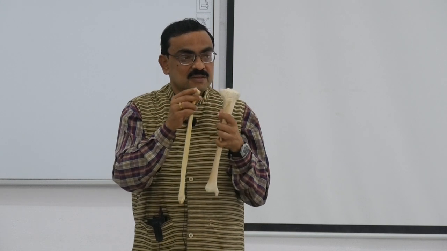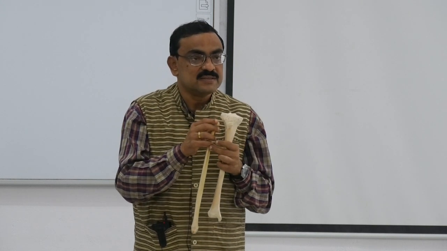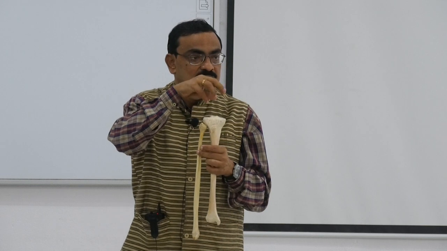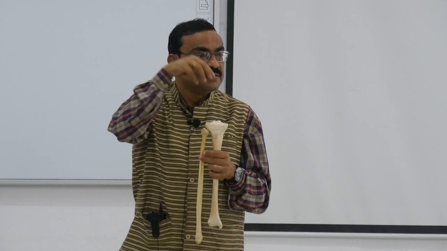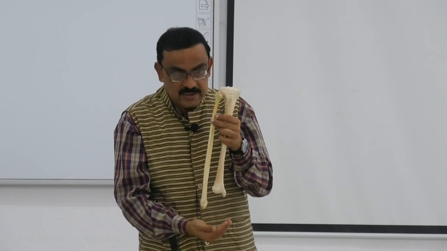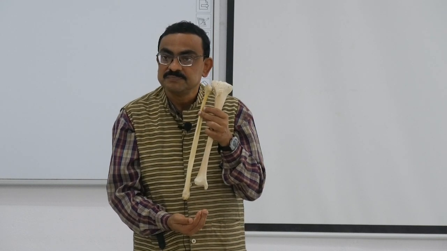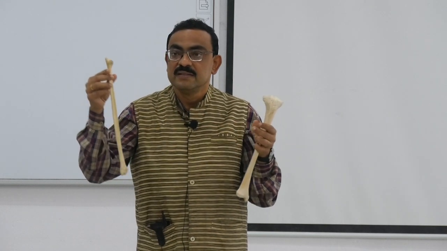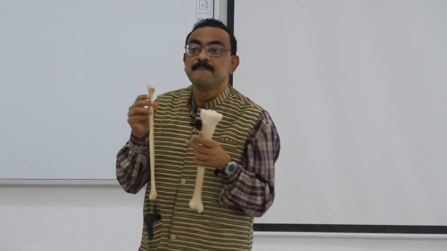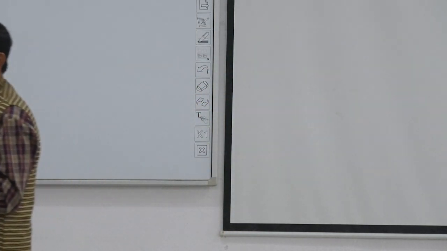So how many joints can we see? First is the knee joint. We can see in the lower end the ankle joint. And we can see the superior, middle and the inferior tibiofibular joint.